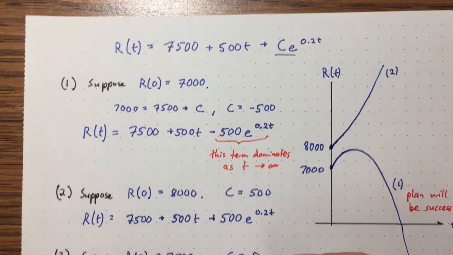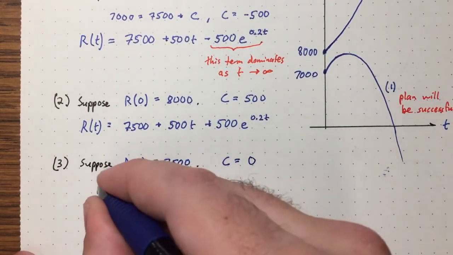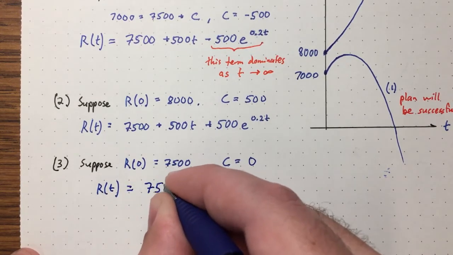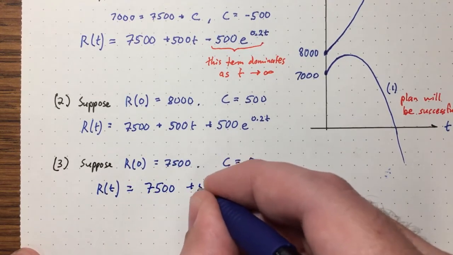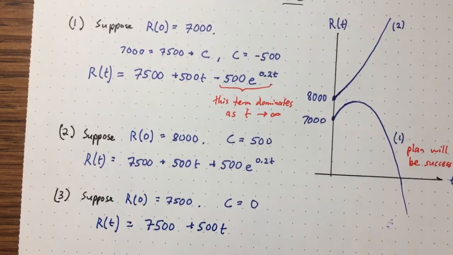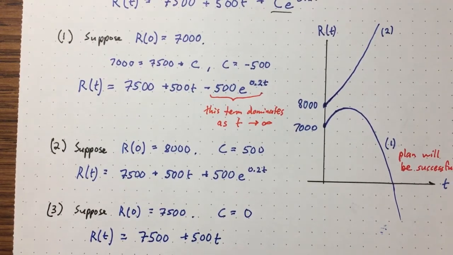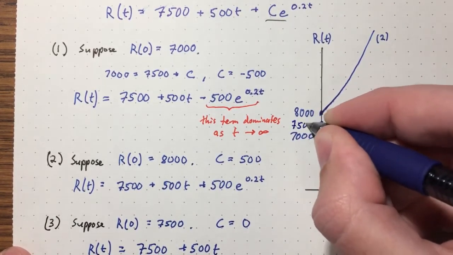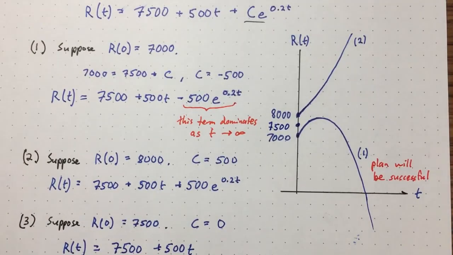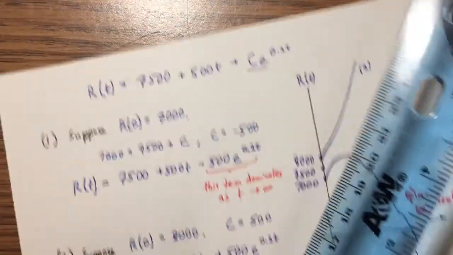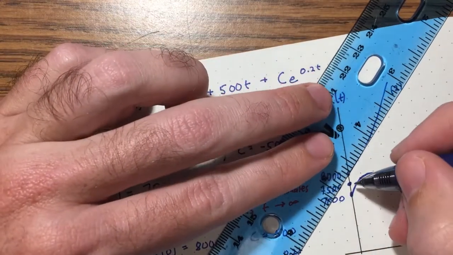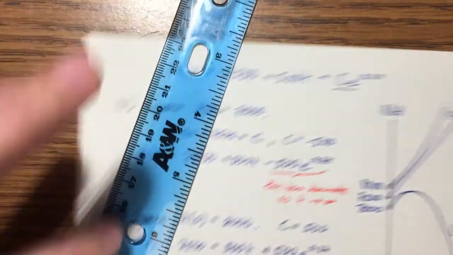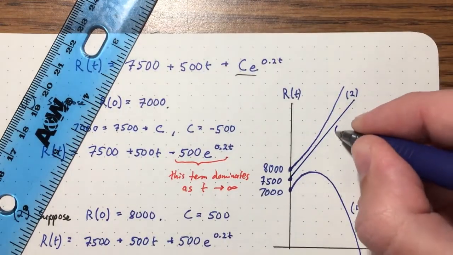So c is 0. That's really interesting, and that actually kills off that exponential term completely. So we just have 7,500 plus 500t. So we have a linear function. So if this is 7,500, we're going to have a linear function like this. So this will be case 3.